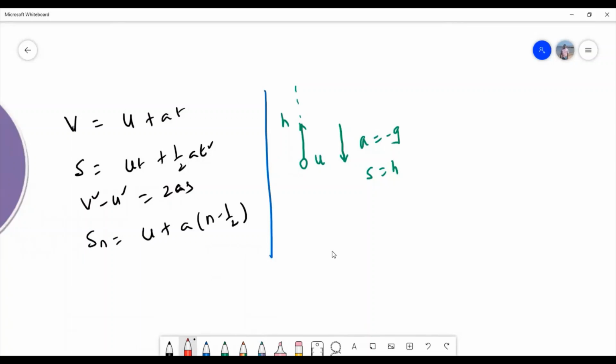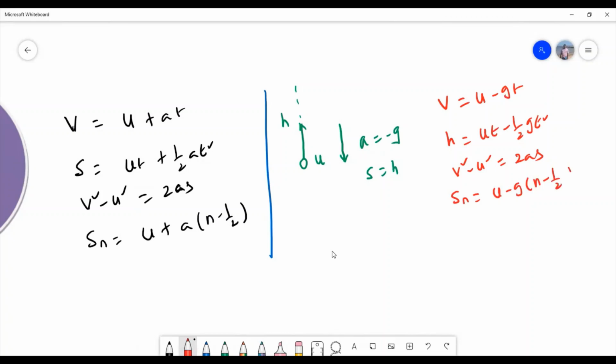Remember, these are before reaching the highest point. I can write v becomes u minus gt. There is some velocity before it reaches the highest point. The second equation becomes h is equal to ut minus half gt square. The third one, v square minus u square is equal to minus 2gh. And the fourth one, Sn is u minus g into n minus half.